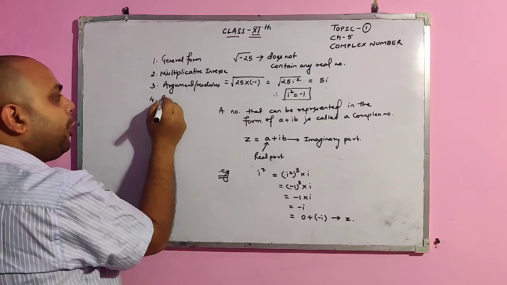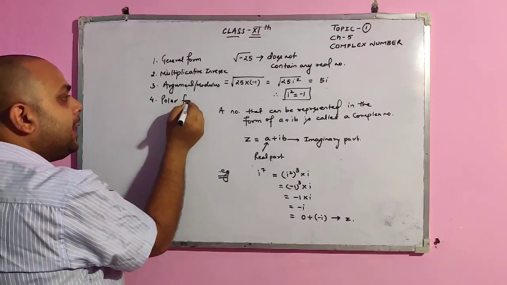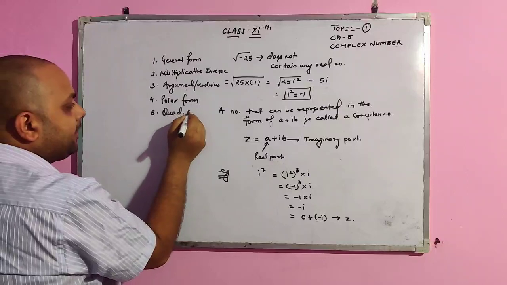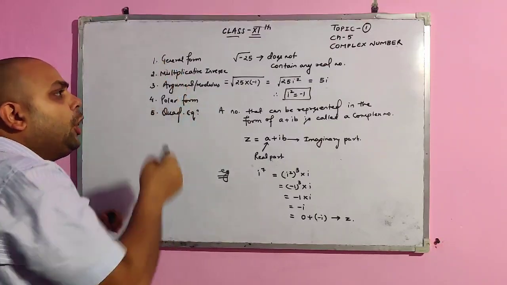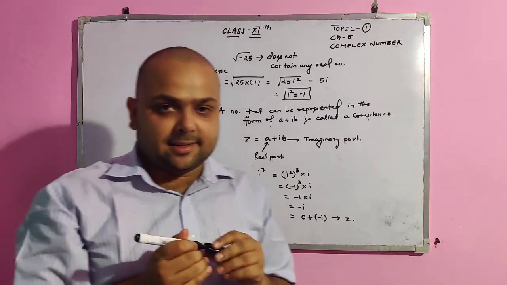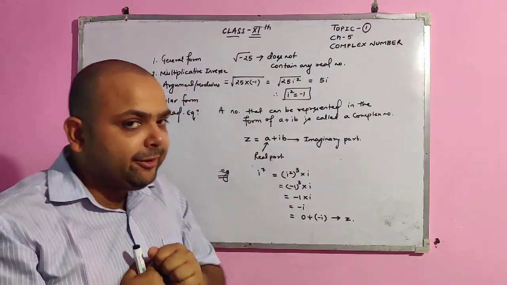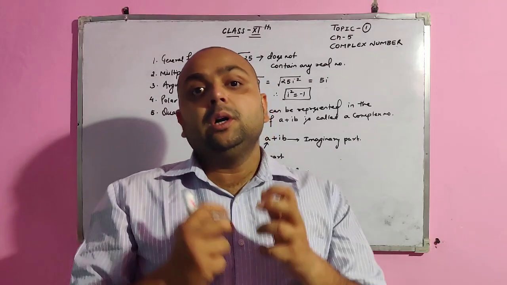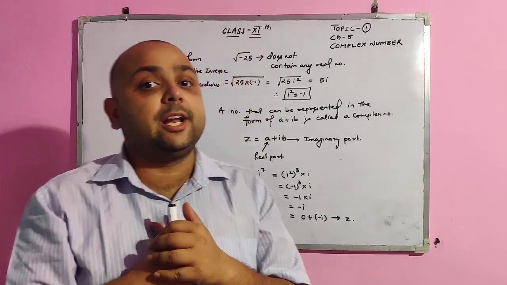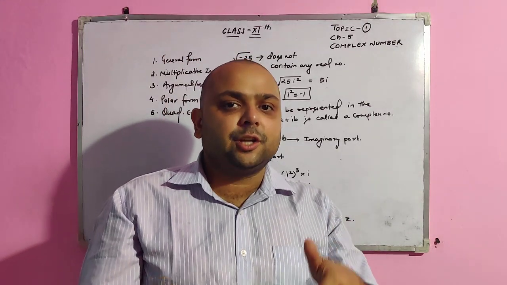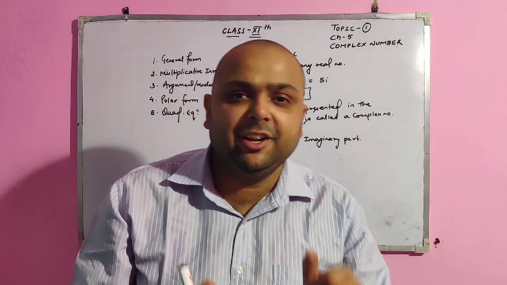Fourth, polar form. And the fifth topic is quadratic equation. So we have to go through all these topics. Starting with the general form and the multiplicative inverse, I am going to tell you some questions which will help you to understand the concept related to complex number in terms of the general form and in terms of the multiplicative inverse.